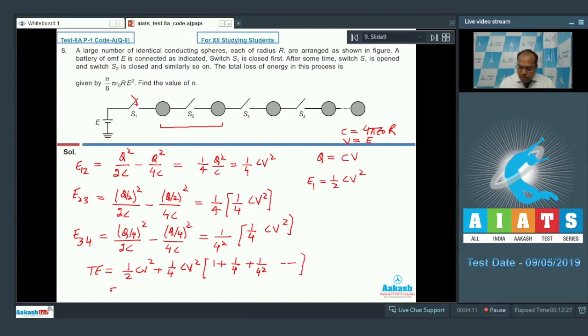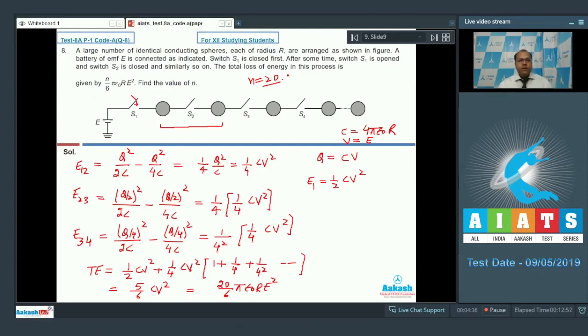If I solve this, it comes out to be 5 by 6 C V square. If I substitute the values of C and V, it comes out to be 20 by 6 pi epsilon naught R into E square. On comparison, the value of N comes out to be 20. So the correct answer for question number 8 is 20.